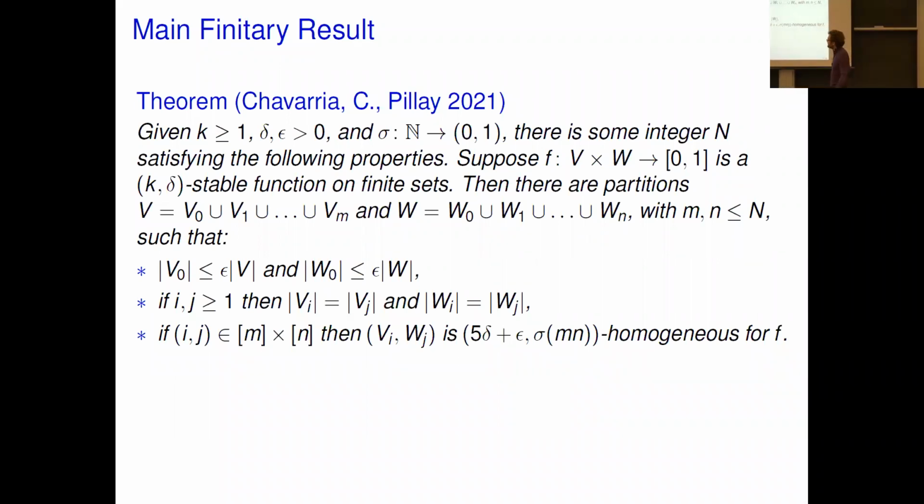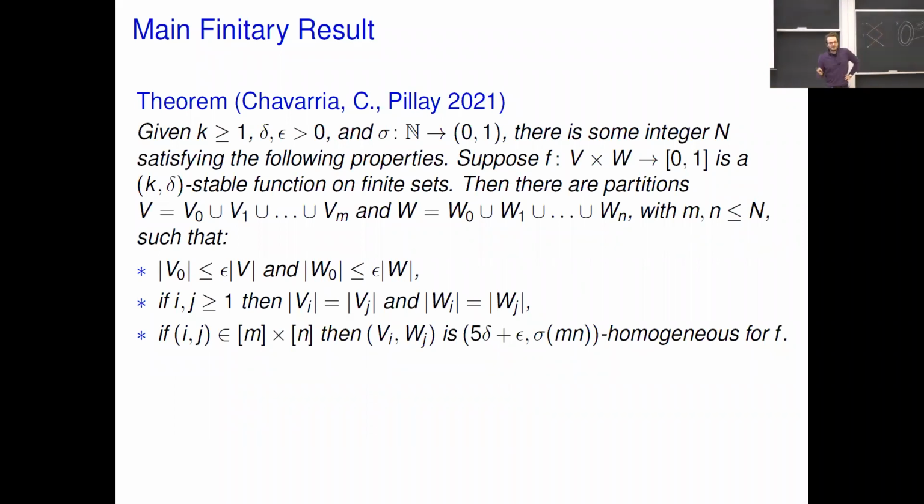And if I ignore the little V0 and W0 and I take a pair Vi, Wj among the rest, it has this strong homogeneity property where, how close to the fixed value is it? It's 5 delta plus epsilon, which we'll see why that appears in a minute. And then the error in the homogeneous pair, the error in how much I shrink these little sets, is very, very well controlled by this function sigma.